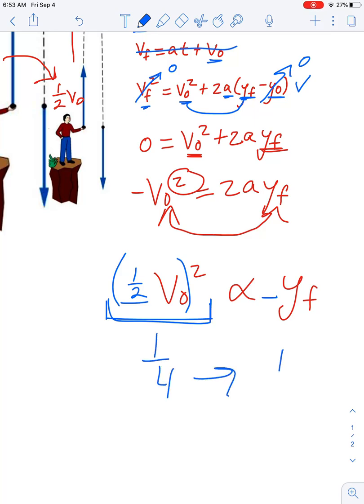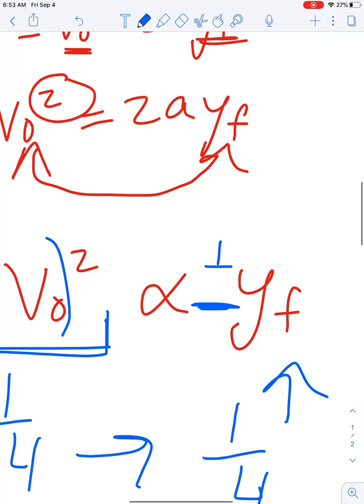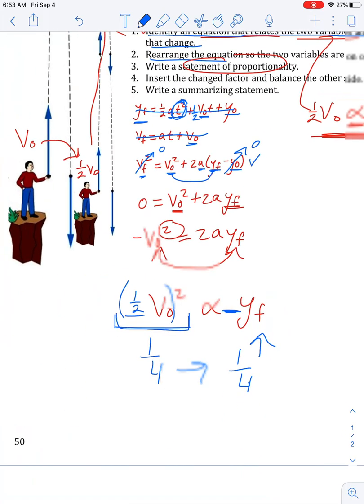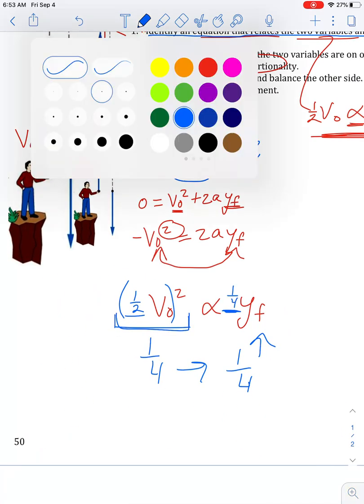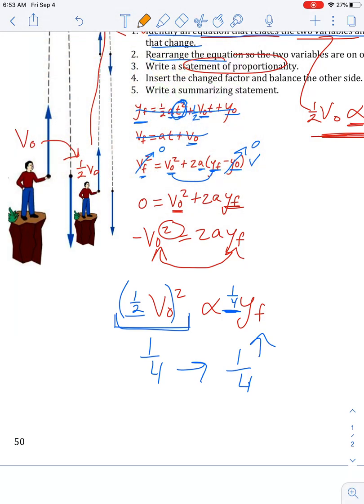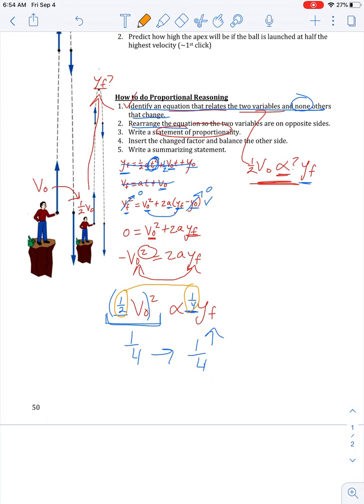That means we need the other side to also change by a factor of 1/4. And so to do that, the y final must change by 1/4. And now we've got our answer. If we take 1/2 of the initial velocity, that is going to result in the final height changing by a factor of 1/4.